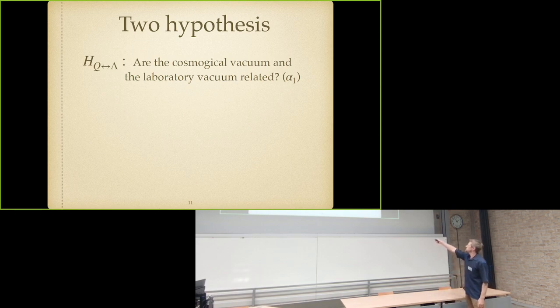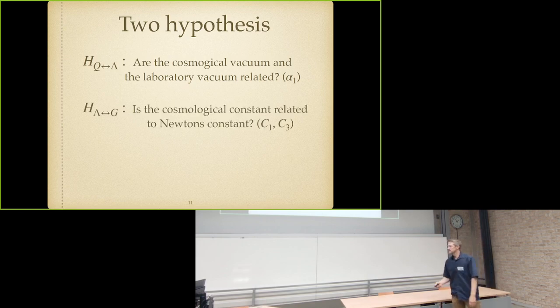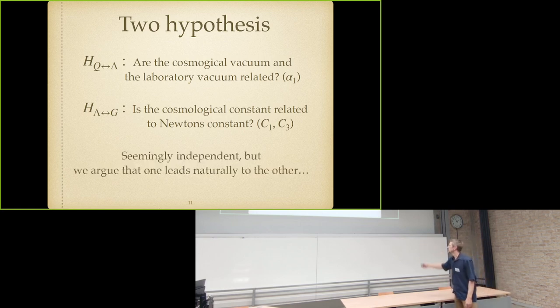This hypothesis will come with a parameter, which we call alpha. The second hypothesis of the work: is the cosmological constant, as you see it in the Einstein equations, related to Newton's constant, as you see it in the Einstein equations? This hypothesis also comes with parameters, C1 and C3 in our model.